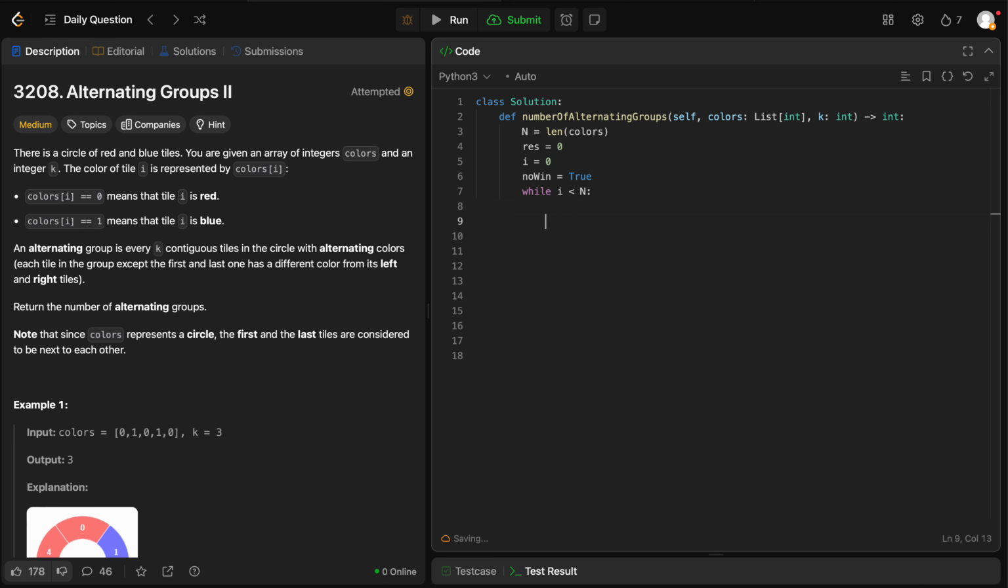So no window, I'll keep this true. If no window, I need to make a window for j in range.